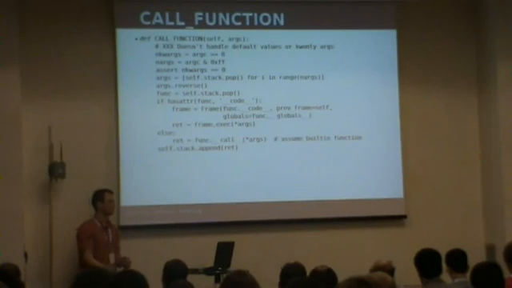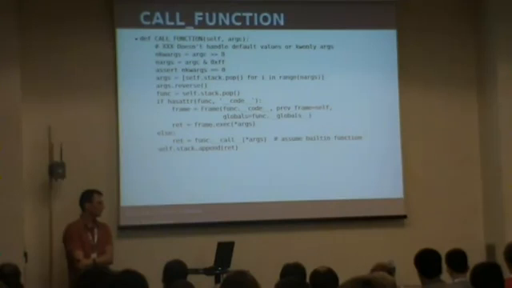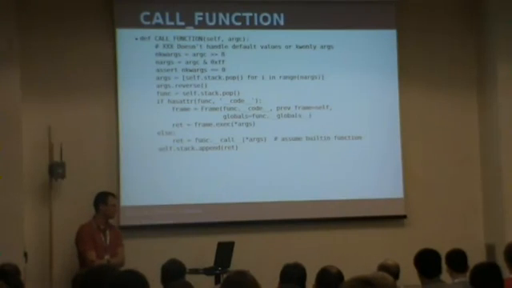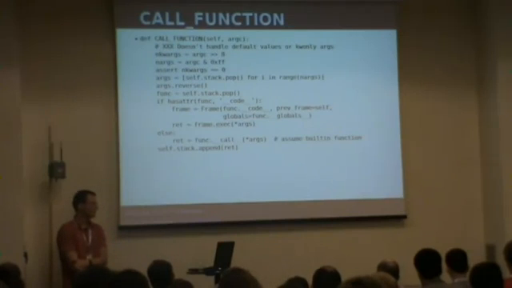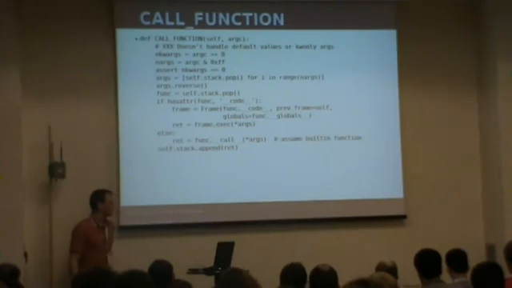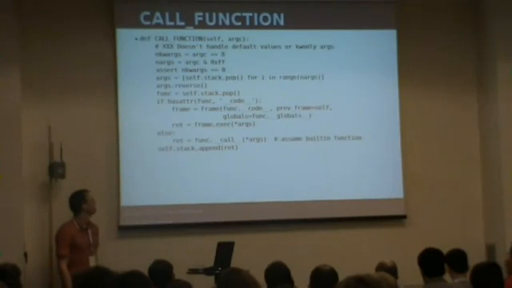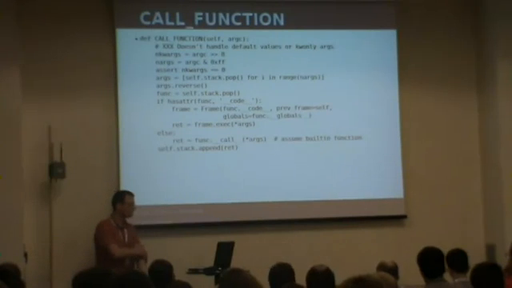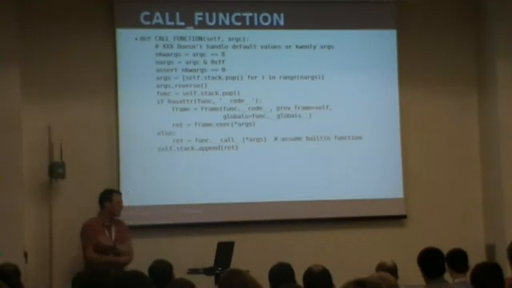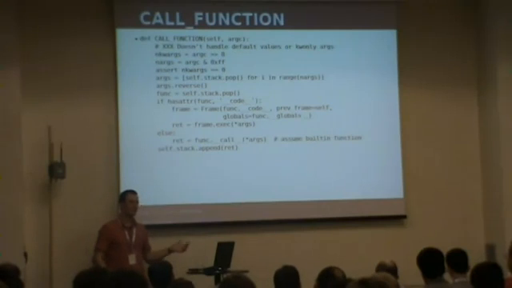I pass in the globals and the code object it needs to create a frame for, and then execute it with the arguments. If it's a built-in function, I just call it directly. Print is a built-in function, so I had to put that special case in. And the built-in code will do the right thing. The return value of calling that function needs to be pushed back onto the stack again.